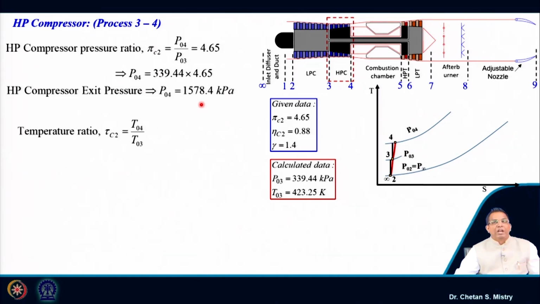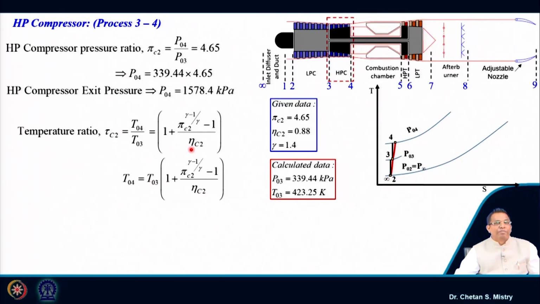Okay. In line with what we have discussed for the LP compressor, we can correlate our temperature and pressure with efficiency. That will be helpful for the calculation of my exit temperature. Here, this is represented as the pressure ratio of my HP compressor and the efficiency of the HP compressor.